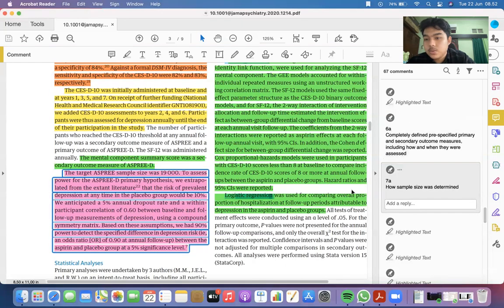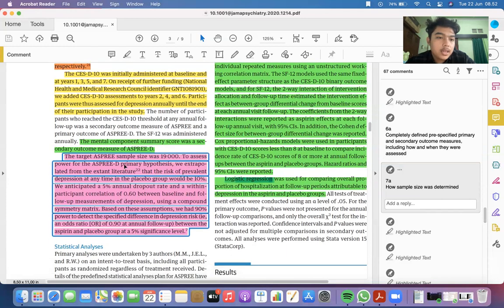7a, how sample size was determined. The target SPRD sample size was 19,000. To assess power for the SPRD primary hypothesis, we extrapolated from the extant literature that the risk of prevalent depression at any time in the placebo group would be 10%.